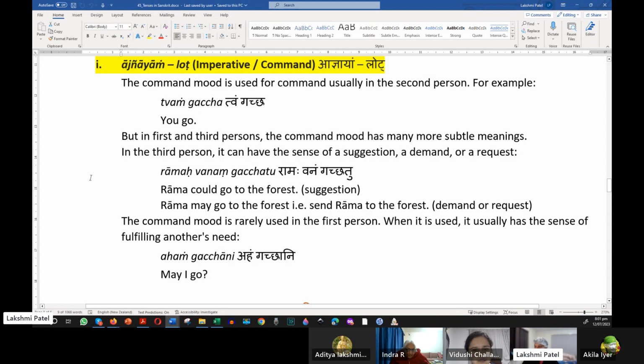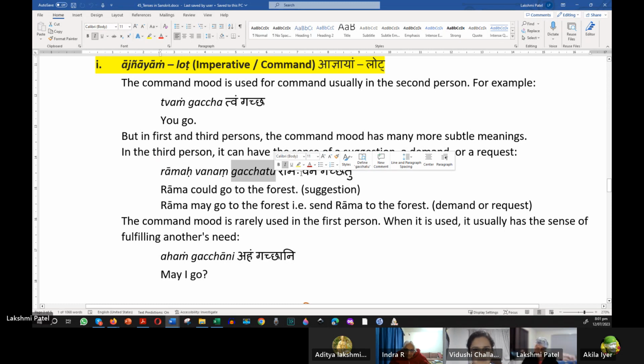So Ramaha vanam gacchatu. It may be used as a suggestion as well. Rama could go to the forest. Or it may be used as a demand or a request. Rama may go to the forest, or send Rama to the forest. All of this is implied by the gachatu. Agnyayam lot. Does that make sense?